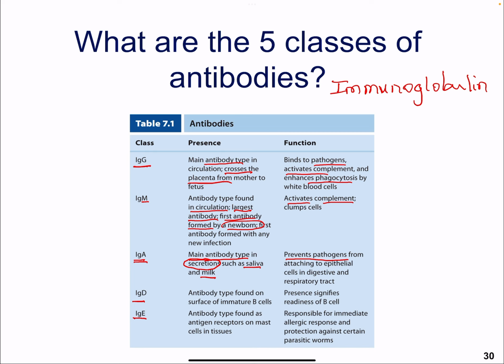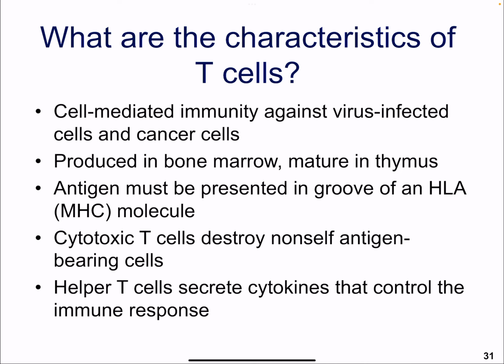IgEs are antibodies that are found as a receptor on mast cells, which means that these IgEs are going to be involved in allergic response, right? They are involved in allergic response and also in fighting off some parasitic worms. Okay, so that's the antibodies and the B cells.